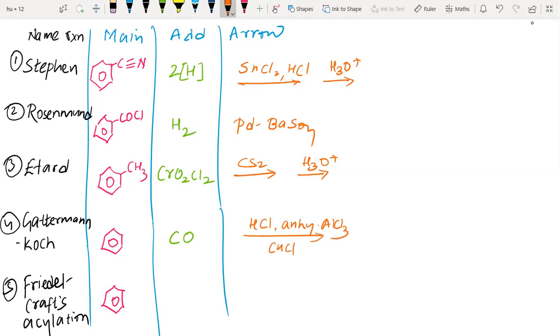For Friedel-Crafts acylation, we write an acyl chloride, like acetyl chloride, and on the arrow we put anhydrous AlCl3. So this way our formula is ready.